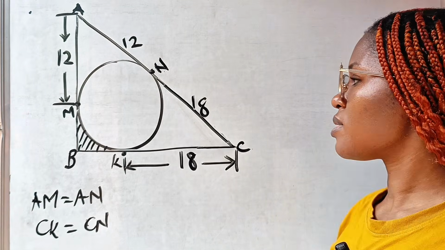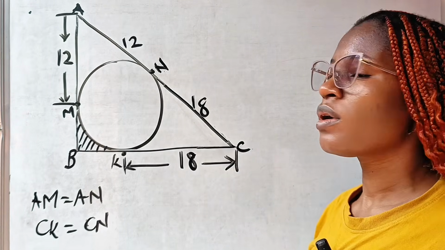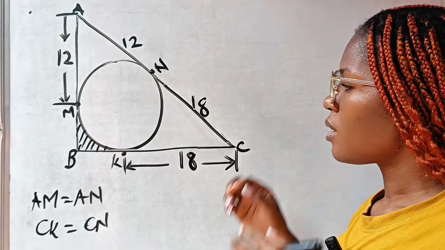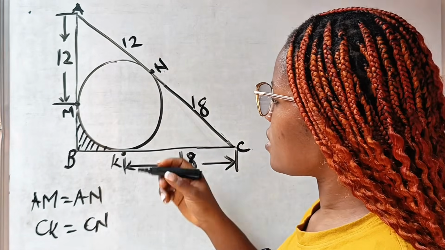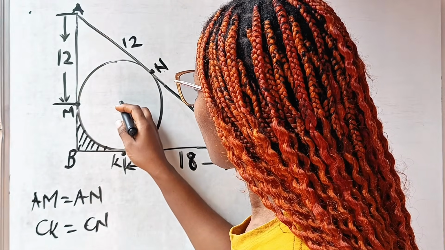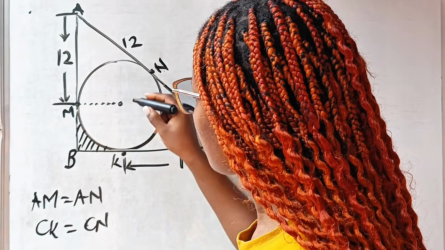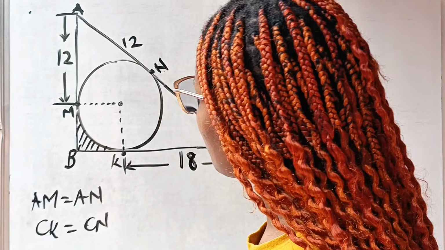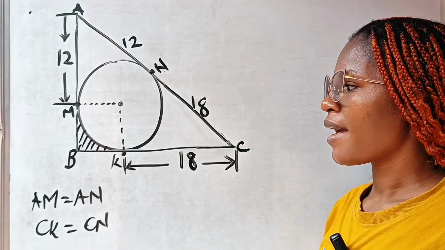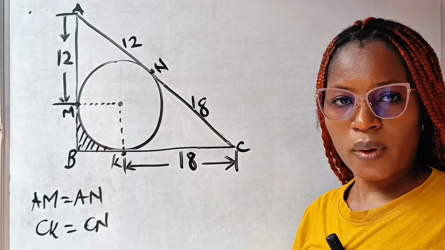That simply means that we now have a whole new diagram. Now remember that if this is the center of this circle, let's join this to this and join this to this. We just formed a square.